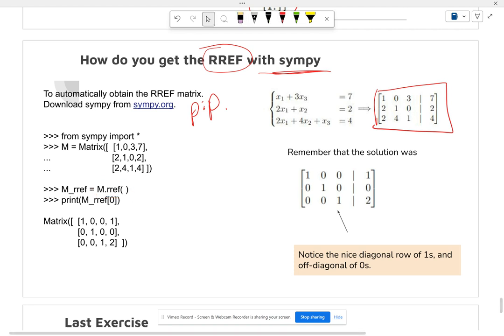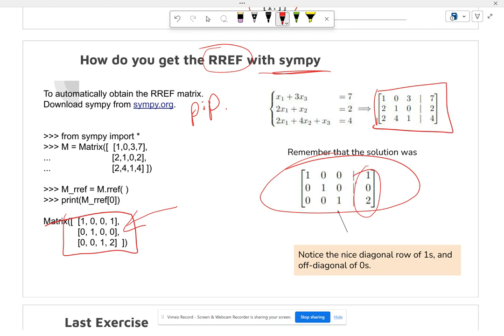And then once you have that, if you print out the first element, it will give you the reduced row echelon form. Much, much easier. So when you are solving homework problems, you can just check your answer yourself and see if you got the same thing. Now remember, we solved it previously. It was 102. Notice 102. So you can find the solution this way.